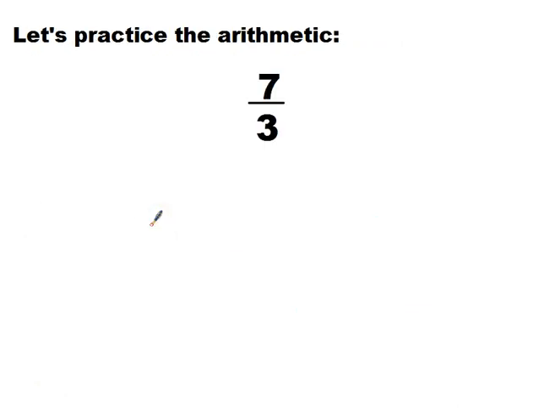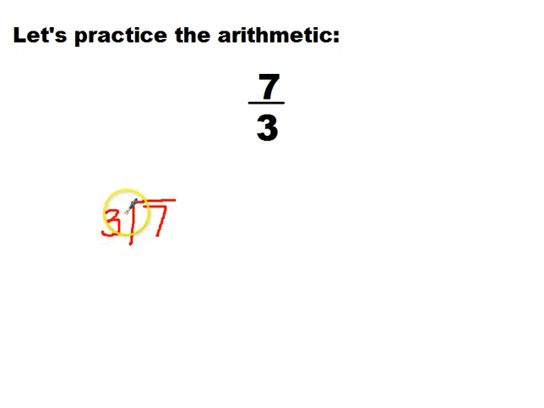Okay, so the next couple of examples are in your notebook, and let's just practice the arithmetic of it. If I have 7/3 and I want to know what the mixed fraction would be, I would do it as a division problem. I would take the 7 pieces that we have out of the 3 available for each whole.